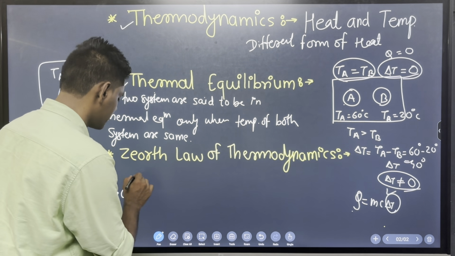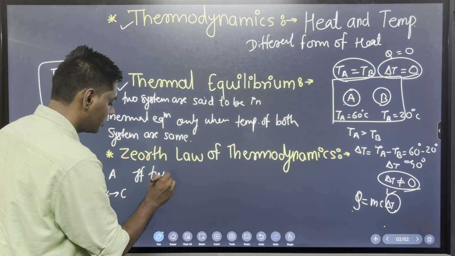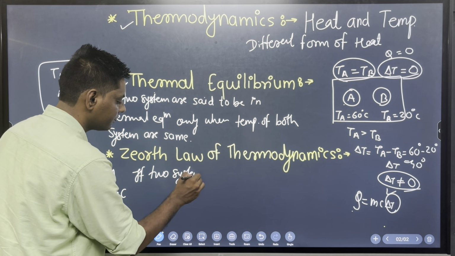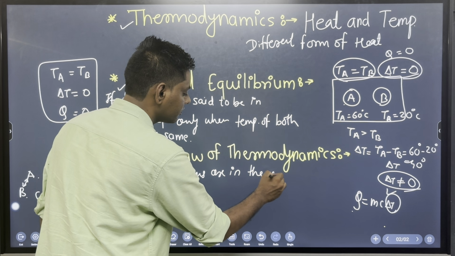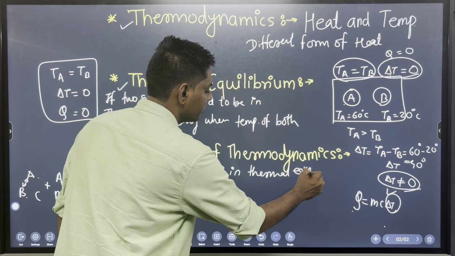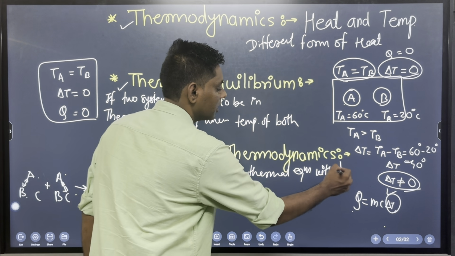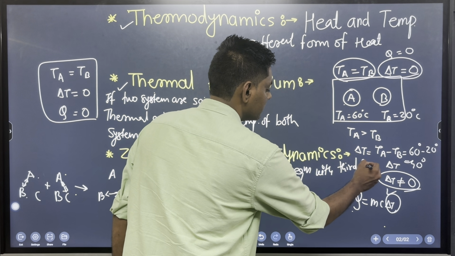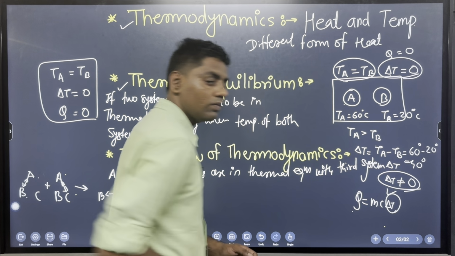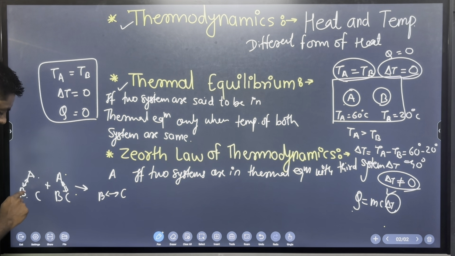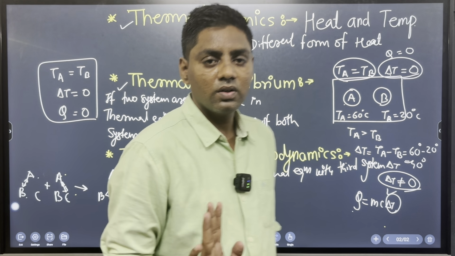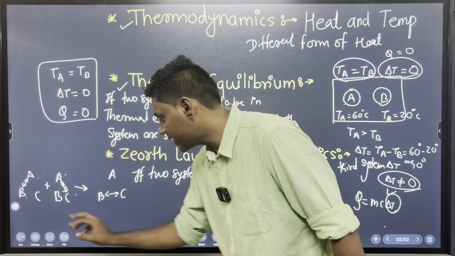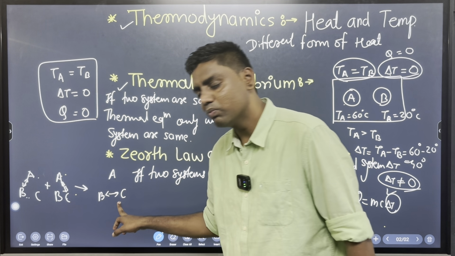If two systems are in thermal equilibrium with a third system. Here we already read, if two systems, here system B and C, are both in thermal equilibrium with the third system, that is A, then we definitely say that system B and system C are in thermal equilibrium.